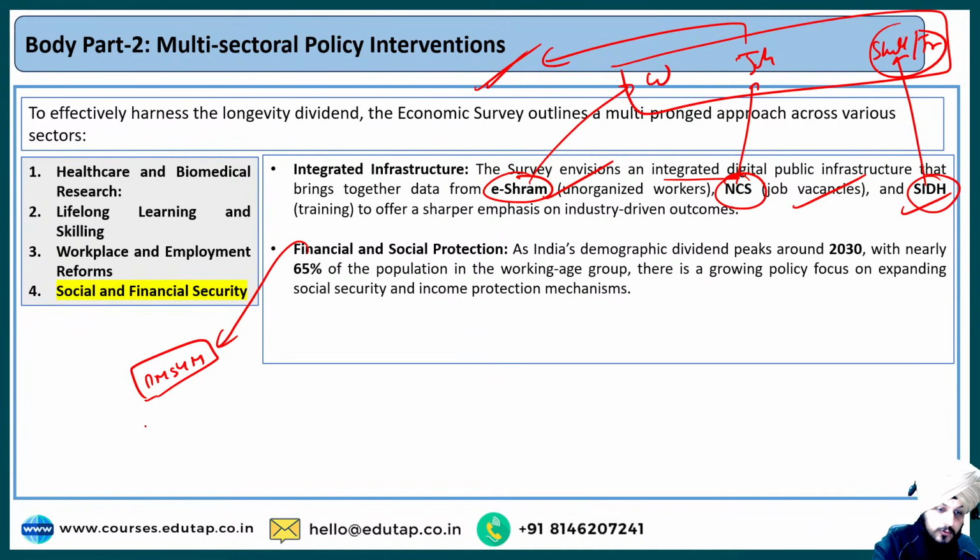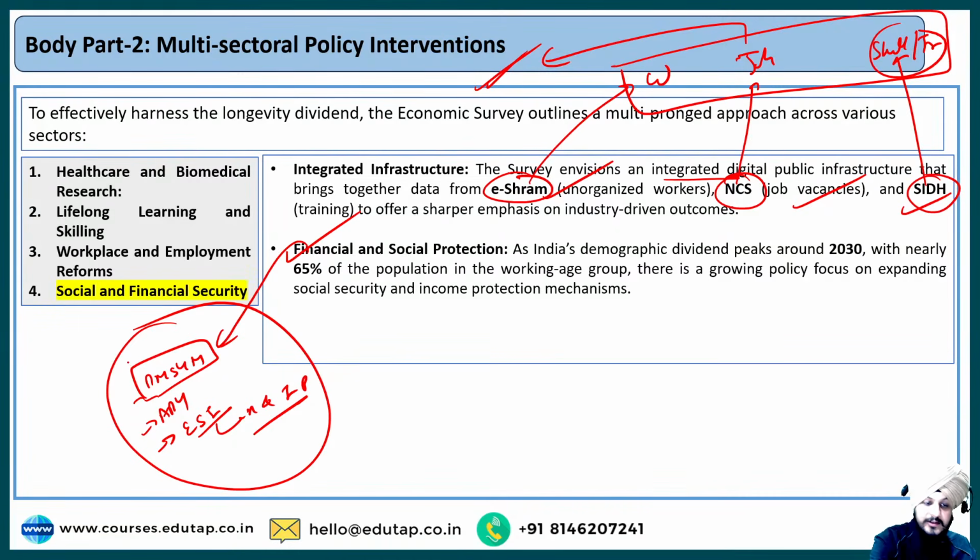It also talks about Atal Pension Yojana, and the Employees' State Insurance scheme, which is regarding health and income protection. So India is putting focus in this direction. We need to consolidate that, and we need to make sure that we are able to implement them in the best possible manner.